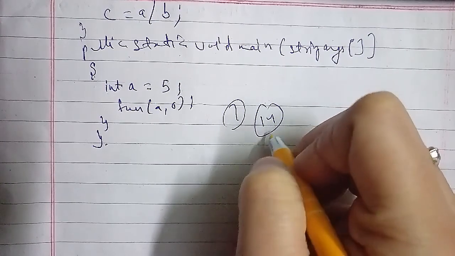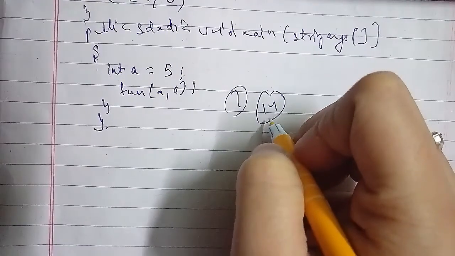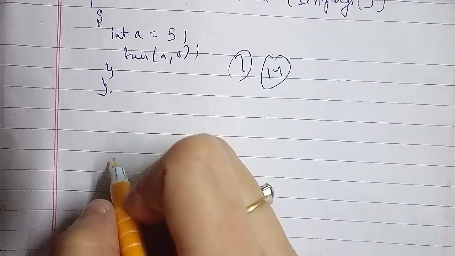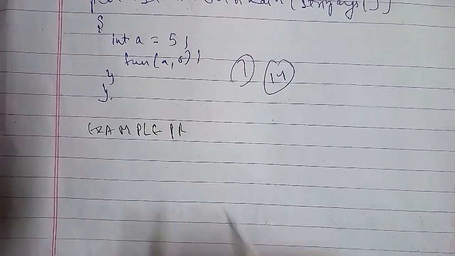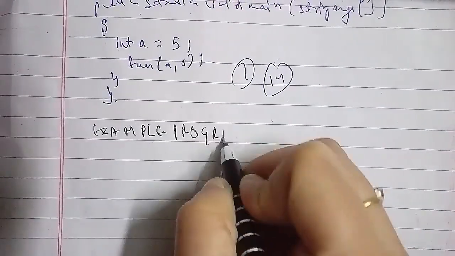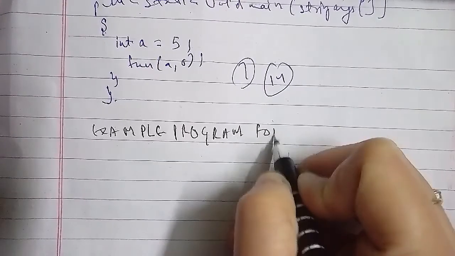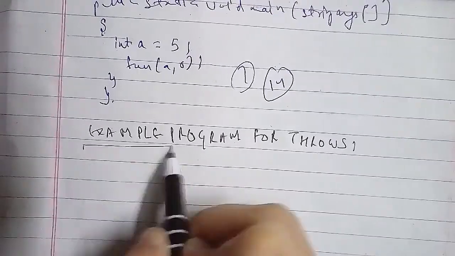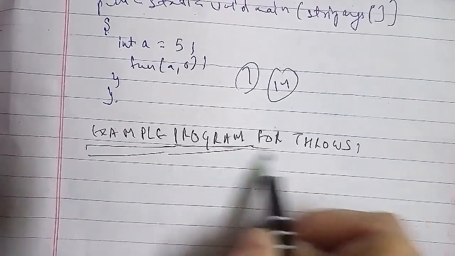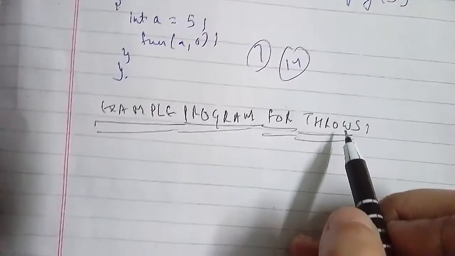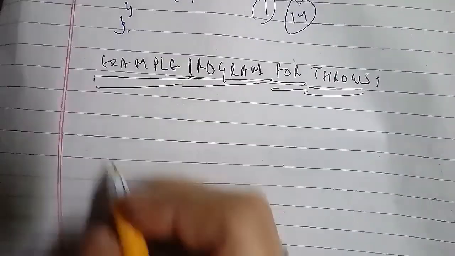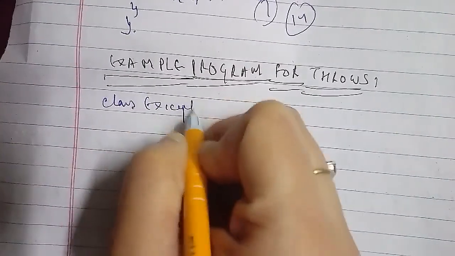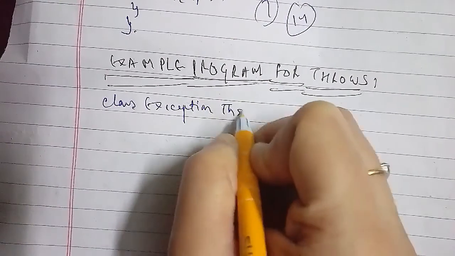Class ExceptionThrow, starting bracket, static void fun(int a, int b) throws ArithmeticException, then int c.